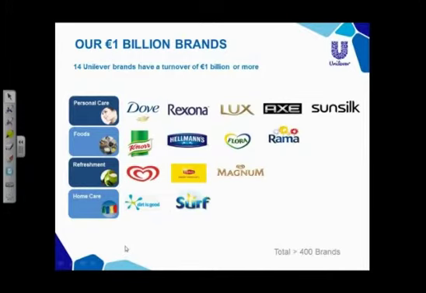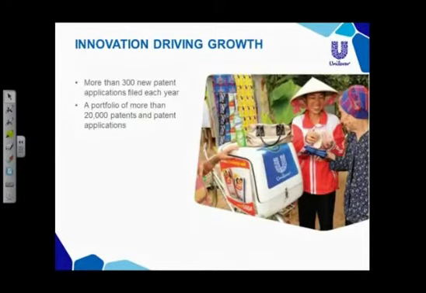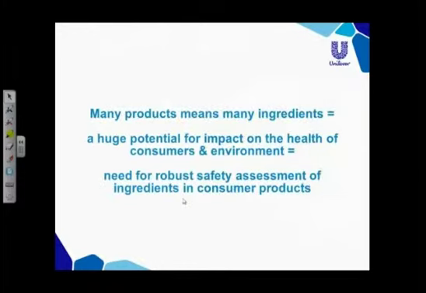But I'm not trying to advertise for Unilever. The idea is just to get across the message that companies like this, whether it's Unilever or Procter & Gamble or L'Oreal or some of the chemical companies like Dow and DuPont that supply the ingredients, there's lots and lots of products being made, and there's lots of innovation behind it. So Unilever file about 300 new patents a year, so there's lots of new things coming online all the time.